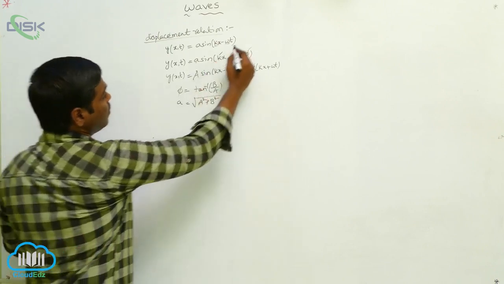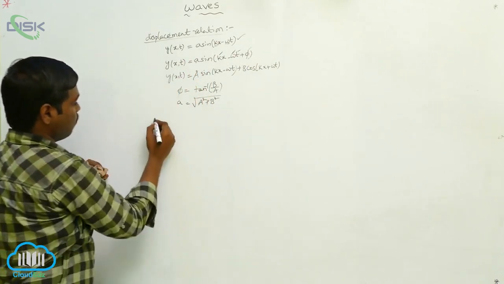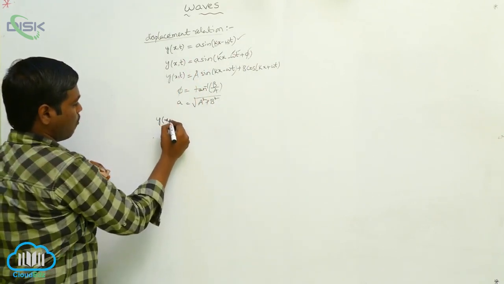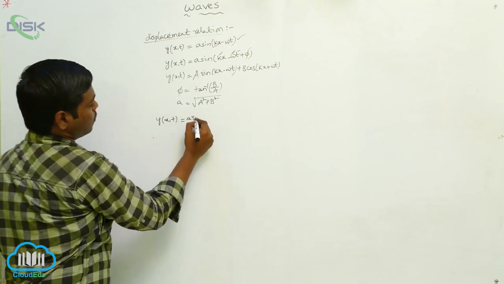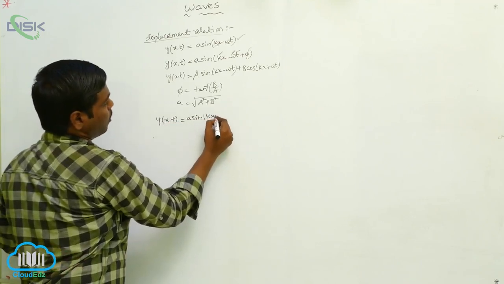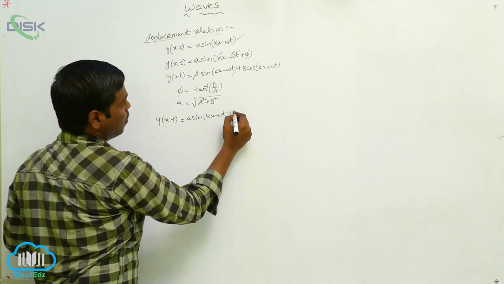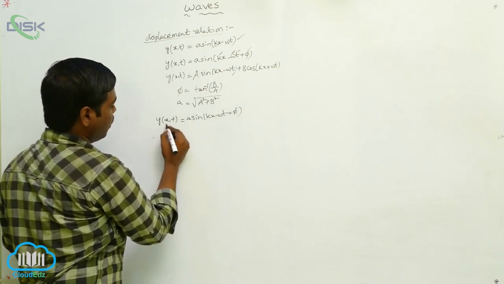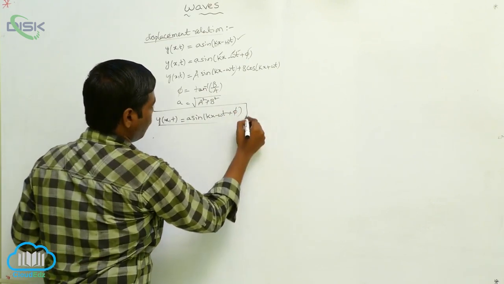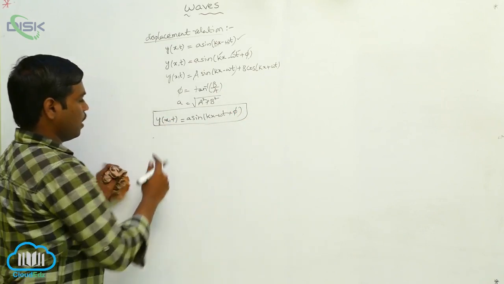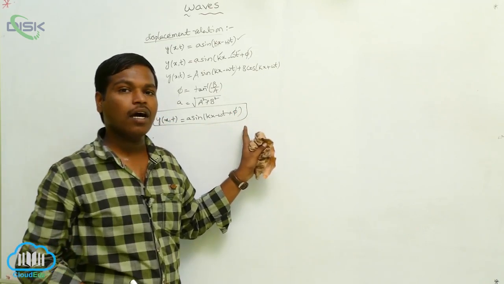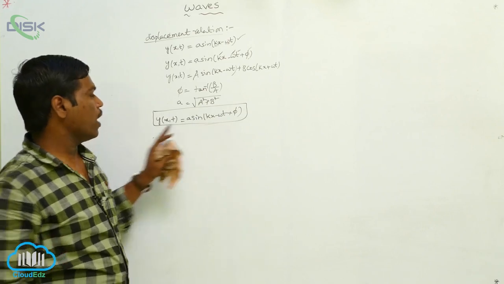In this relation, y of x comma t is equal to a sin(kx minus omega t plus phi). This is the displacement relation for a wave moving along the positive x direction.